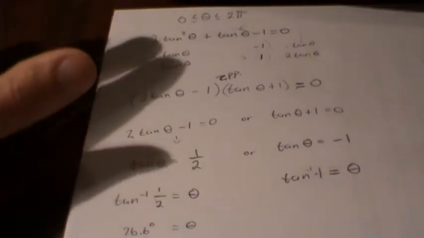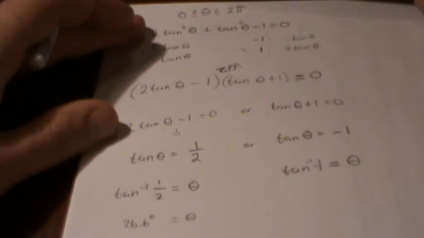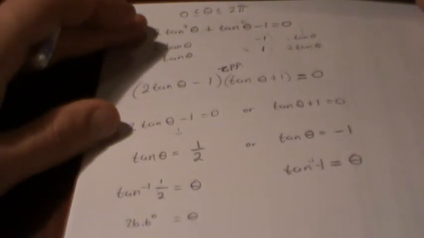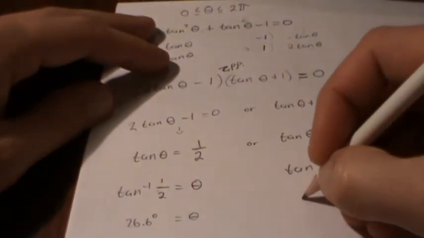Tangent inverse of -1 is, oh, I should have known that, -45 degrees.